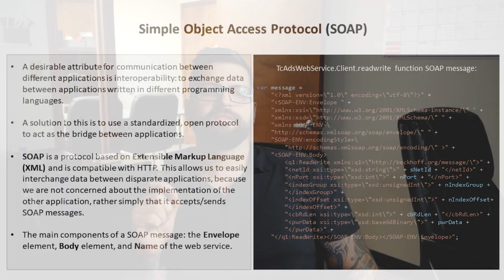And so the SOAP message that we just saw is constructed based on a web services description language file that accompanies the dynamic links library, the TcAdsWebService library. All the WSDL is doing is saying, hey, inside the DLL, there are these methods that you can use to read and write data, or read data, or write data.